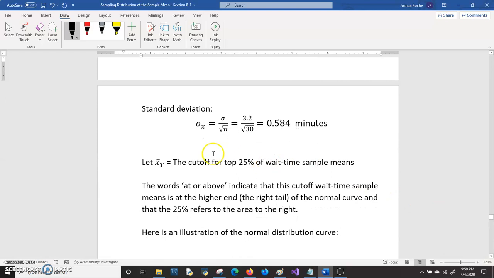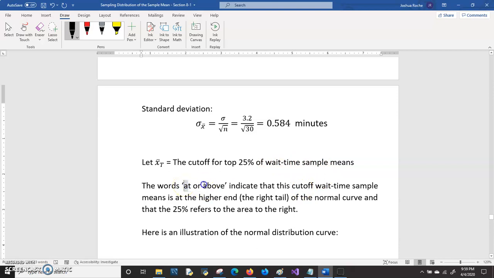And again, in this problem, what they're asking for is a particular mean wait time. We don't know what it is, but let's just call it x bar t. And it's going to represent the cutoff for the top 25% of wait time sample means.